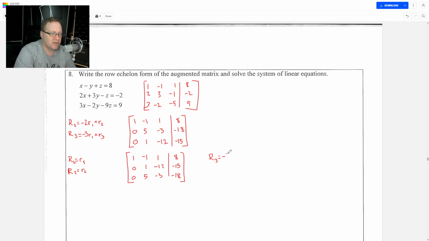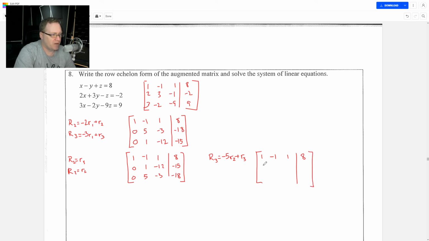So we're going to do negative 5 times row 2 plus old row 3. So I'm going to put that here. Row 1 and 2 are not going to change. We're going to have 1, negative 1, 1, and then 8.